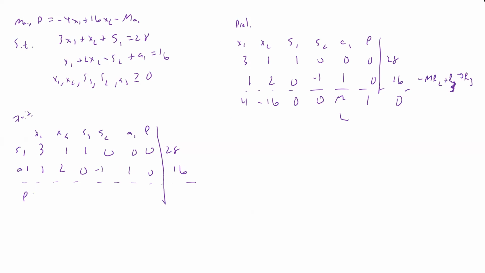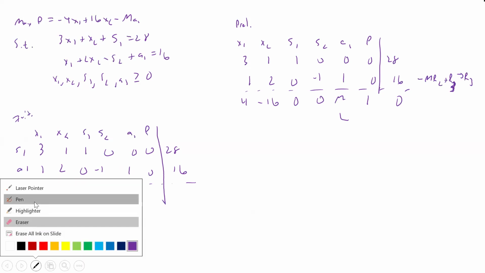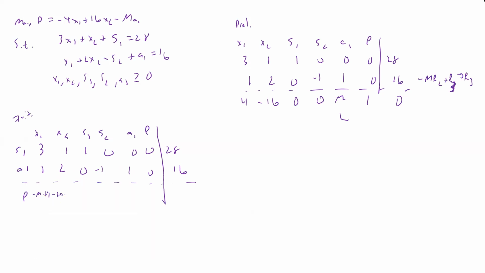And now we have a minus m, and then plus 4. We have a minus m, and then we have, oh, wait, there's a 2 there. Minus 2m. Better write that so I can read it. Minus 2m, and then it's a minus 16, and that's just a 0, a 0.